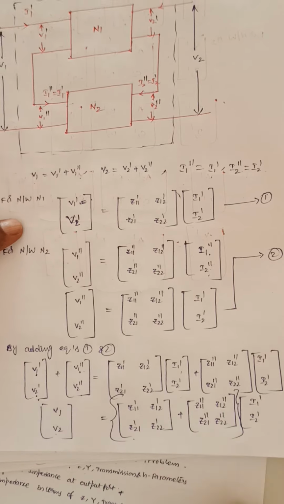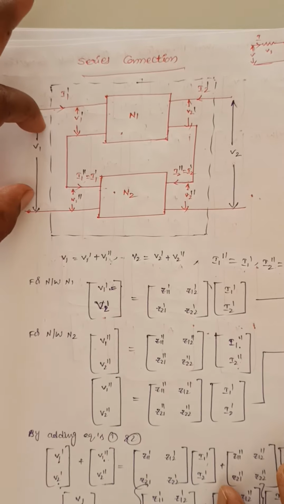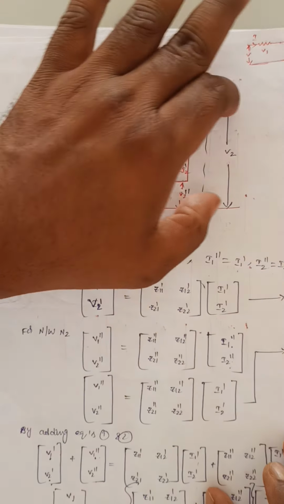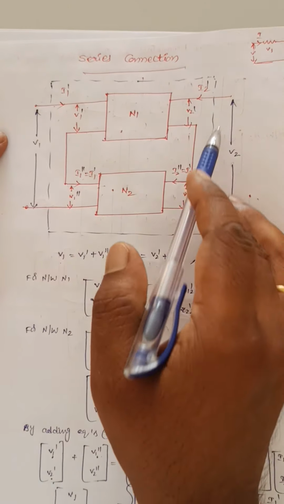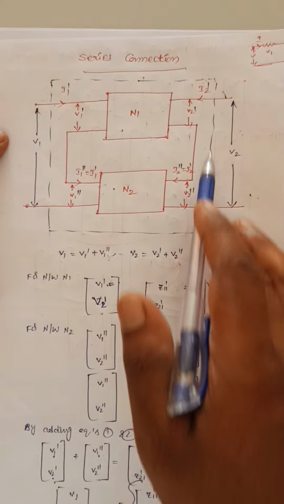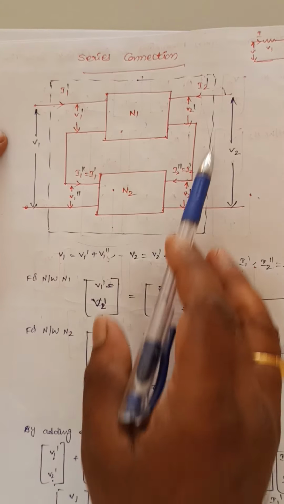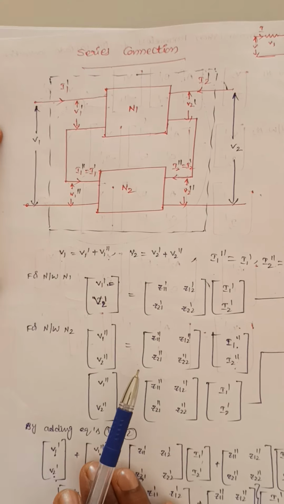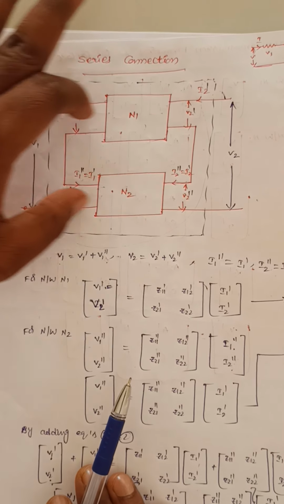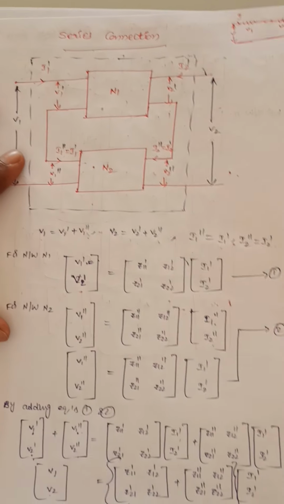So V1 is this voltage, V2 is this voltage. That means for the combination of these two networks in series connection, the input voltage is V1 and the output voltage is V2.